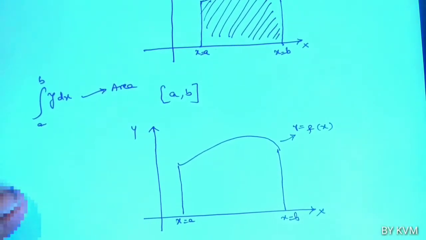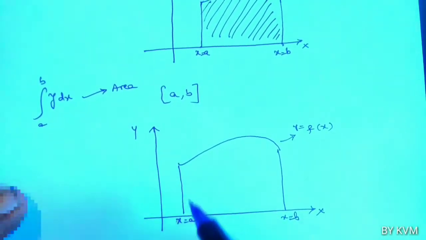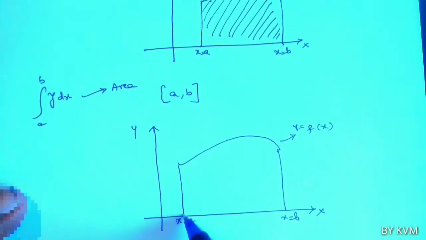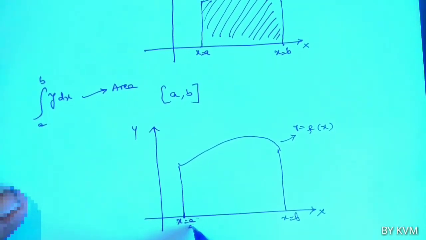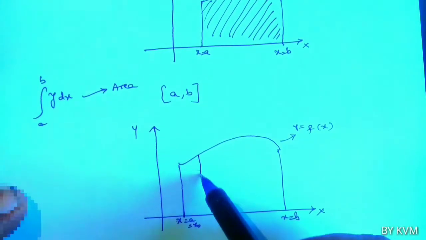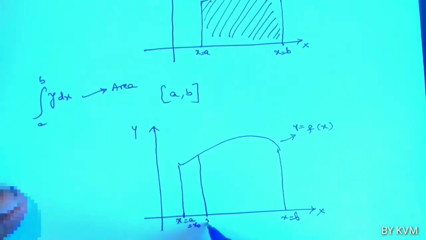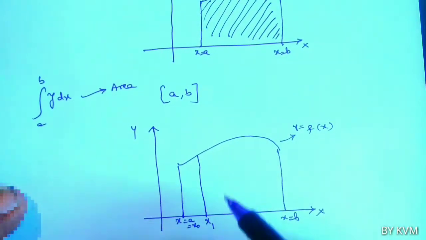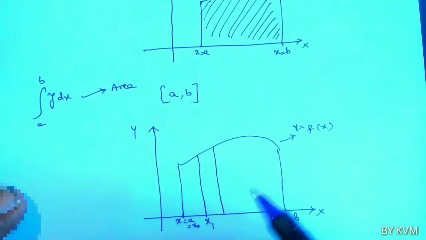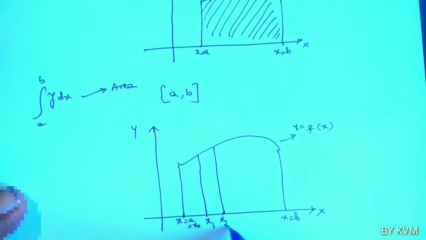Let us divide the interval a to b into 6 equal parts. Let us take the first point here, x equals a, as x naught. Now, the next point is x1, let us draw one more ordinate. The first ordinate is at x naught, the second ordinate is at x1, then the next ordinate is at x2.